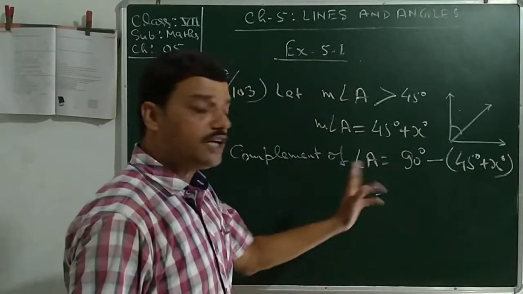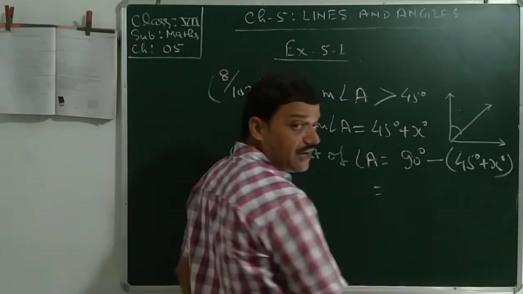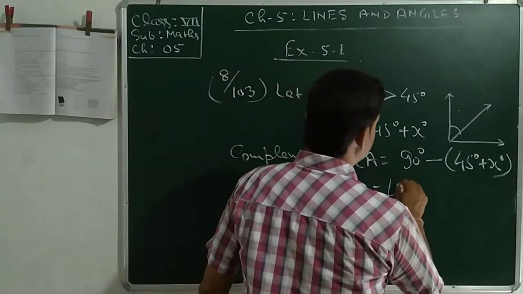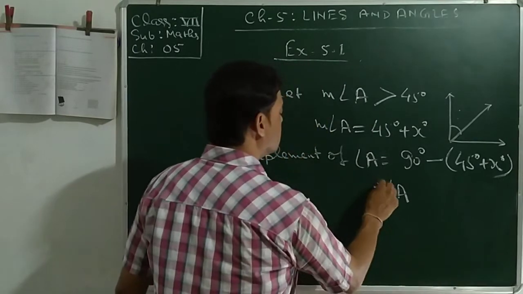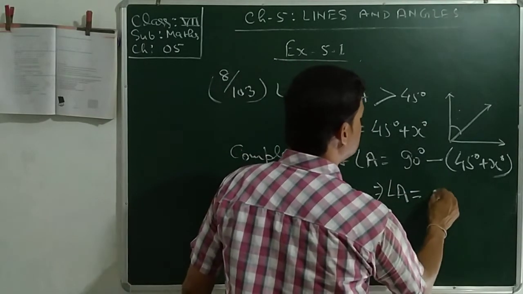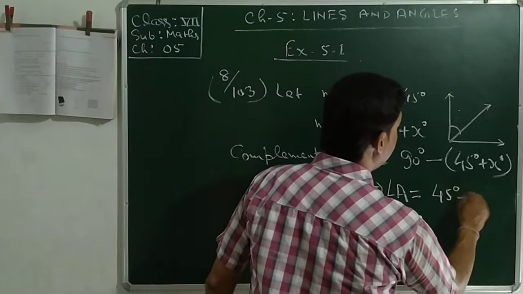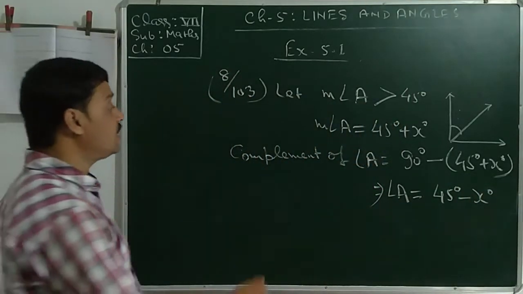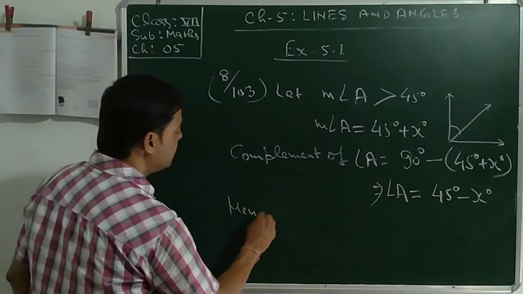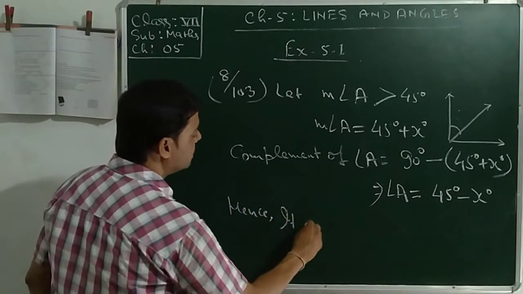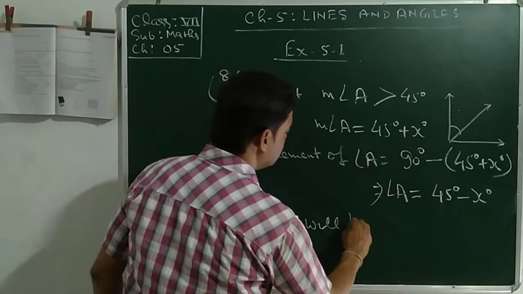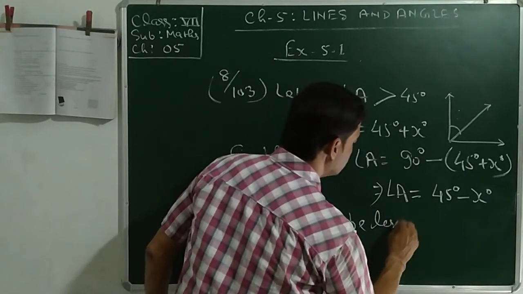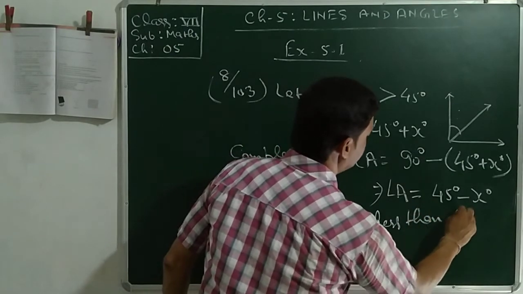Upon solving the equation, you will get the complement equals 45 degree minus x degree. Hence, it's clear that it will be less than 45 degree.